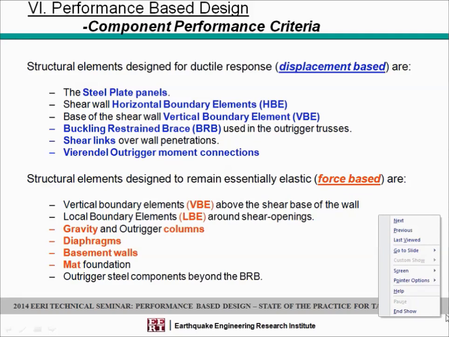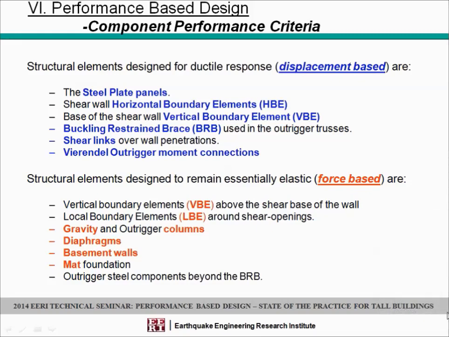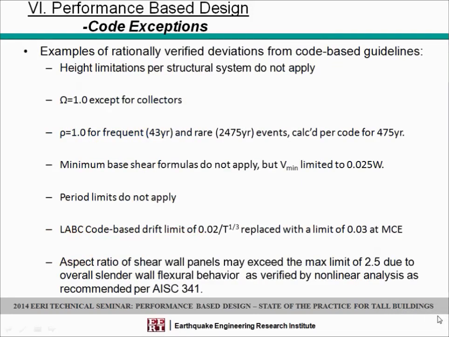And gravity and outrigger columns, diaphragms, as much as we had to do some flexible diaphragm modeling to show the proper transfer, basement walls, mat foundation. On the mat foundation, we use the spring system in the elastic model only, but not in the inelastic. The outrigger steel components beyond the BRB. I'll try to move on.